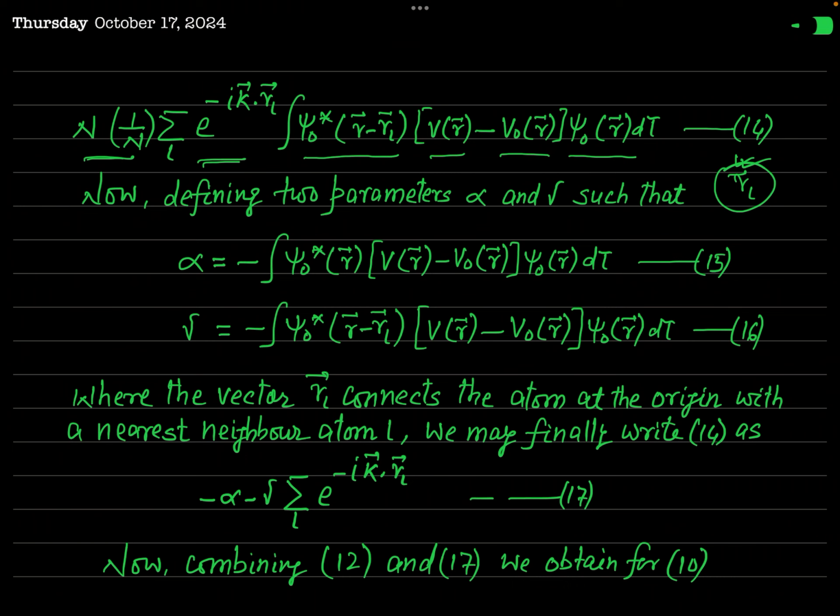So we shall neglect all the terms beyond the nearest neighbor one in this equation 14, and further we assume that the functions psi naught are spherically symmetric. All nearest neighbor contributions will then be the same.